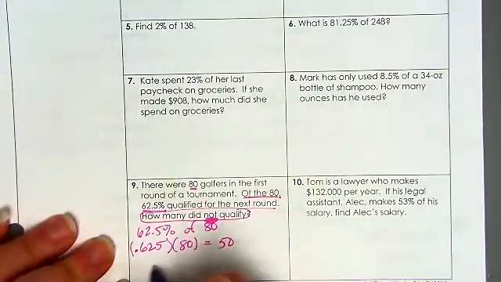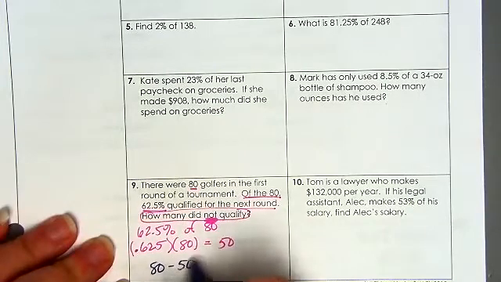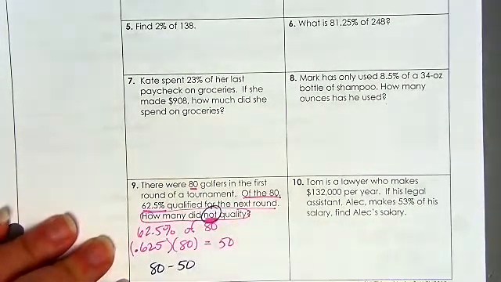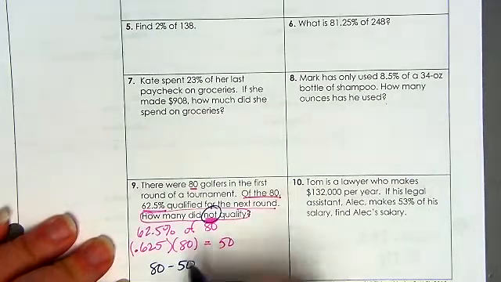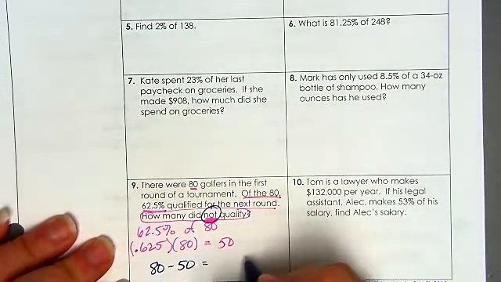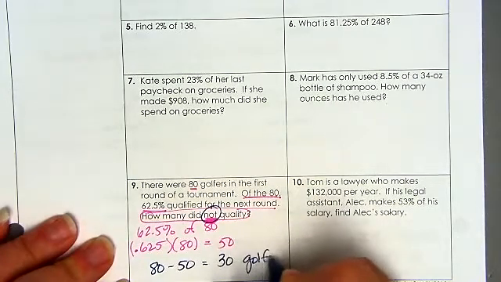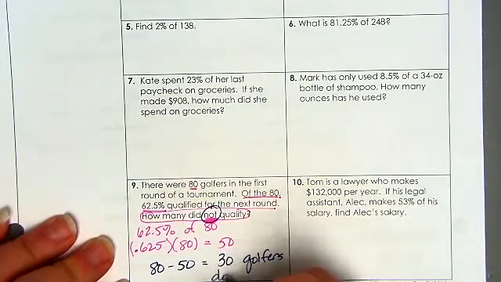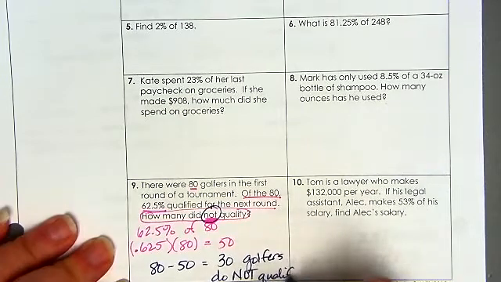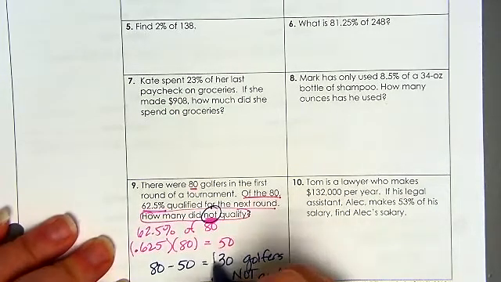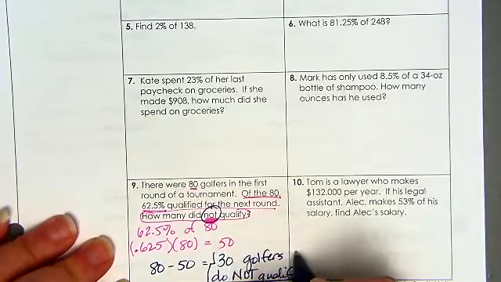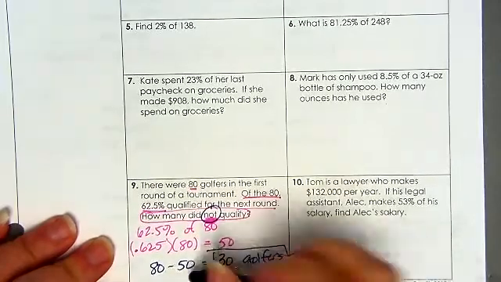Then I'm going to have to do 80 minus 50 because it wants the ones that do not qualify. And that gives me 30 golfers do not qualify. And there's our answer.